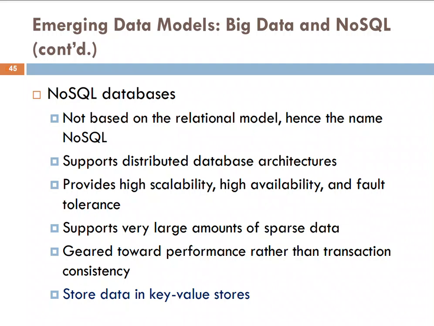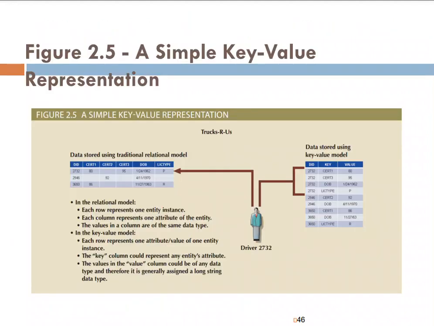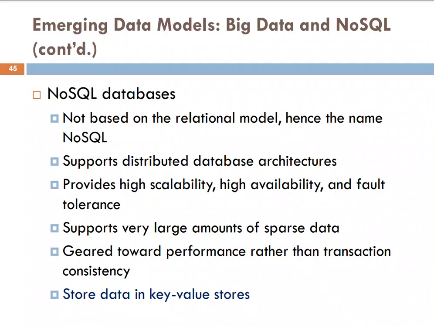Support very large amount of sparse data, geared toward performance rather than transaction consistency. Dia lebih mementingkan performance lah berbanding consistency, and the data is stored in key value stores. Yang ni about NoSQL. Okay, apa maksud key value stores?